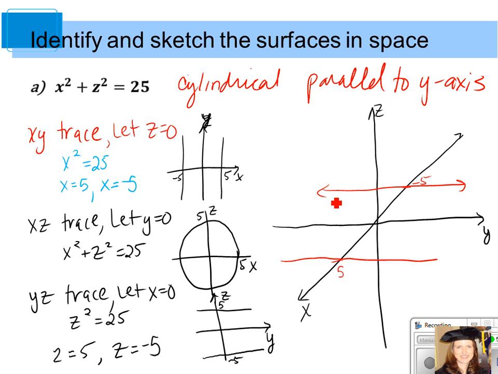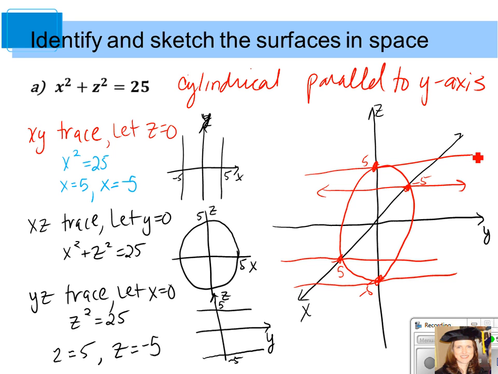Now our second trace, the xz trace, is a circle that goes through +5 and -5 on the x-axis, and through +5 and -5 on the z-axis. When you look at it this way, it's tilted, slanted in that direction. Then finally, the yz trace is where x equals 0. The lines go through the z-axis at +5 and -5, and are parallel to the y-axis. So we get something like this.